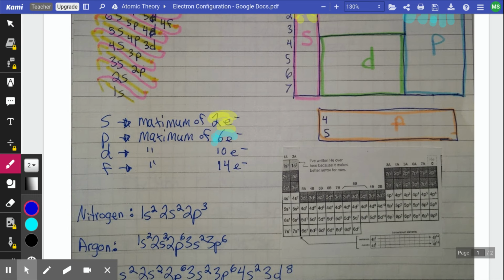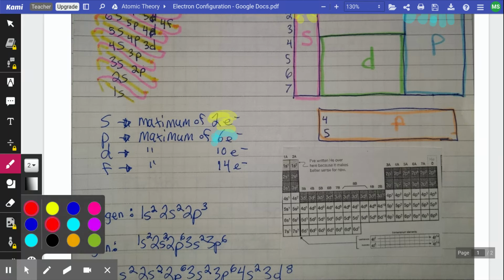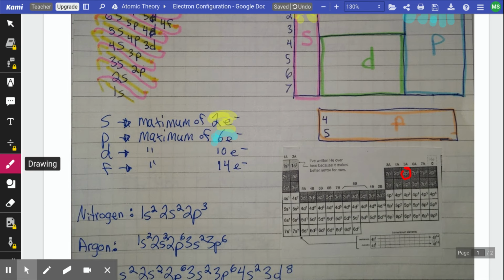So if we want to figure out an electron configuration for nitrogen, and we know nitrogen has 7 electrons, you can find nitrogen on your periodic table, and I'm going to change my color to red here. You're going to find nitrogen right here. So nitrogen is found in 2p3.